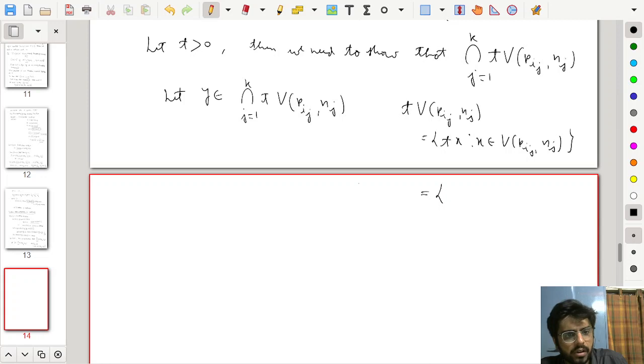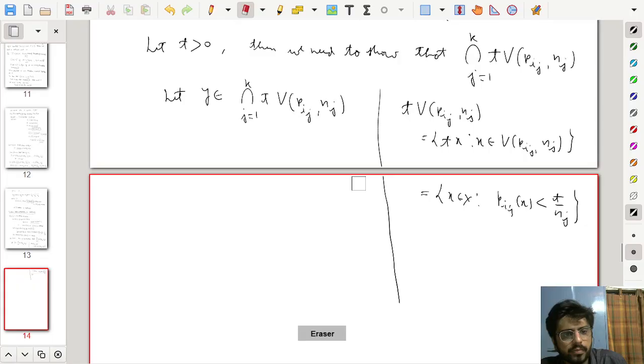This is actually equal to all those x such that p_{i_j}(x) is strictly less than t/n_j. Do you see that? To see this quickly, let z belong to t times V_{p_{i_j}, n_j}.